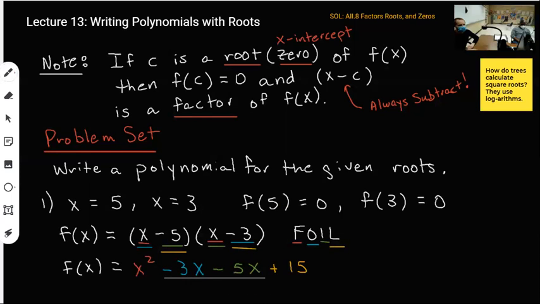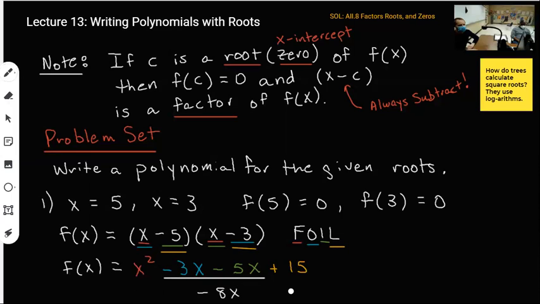Usually we combine the middle two terms, but if the two middle terms aren't like terms, then you just go for the like terms, right? I understand that both of these terms end with an x, so I can put them together to get -3x minus 5x is going to be equal to -8x.